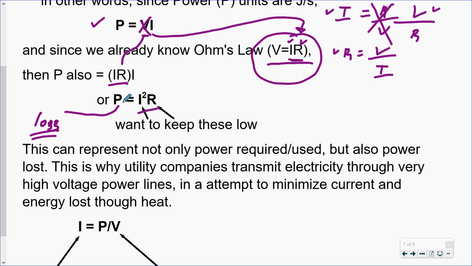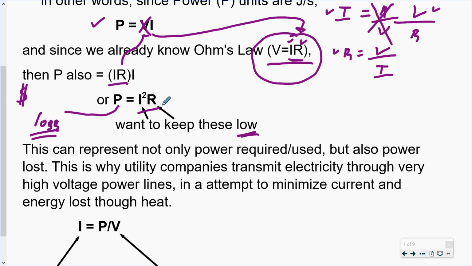Any power loss means a loss in money, and power companies are not interested in losing a lot of money. So how does a power company want to minimize their power loss? Well, what they want to do is keep the current that they're transmitting through the power line really low, and they also want to keep the resistance really low.